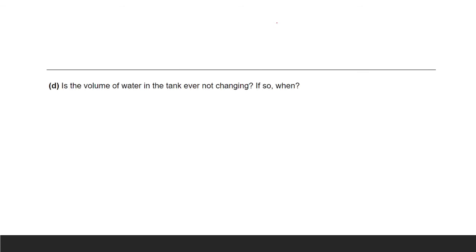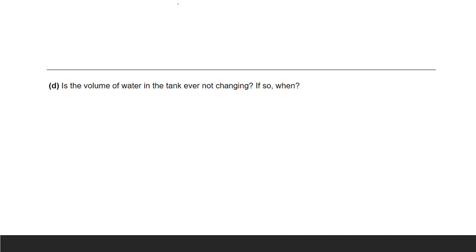Next, last, is the volume of the water in the tank ever not changing? If so, when? So, remember na we have this formula of the instantaneous rate of change natin. That is the first derivative or the derivative of our equation. That is, yun nga, the first derivative ng v of t natin. So that's v prime of t. Now, ang tanong dito is the volume of the water in the tank ever not changing.